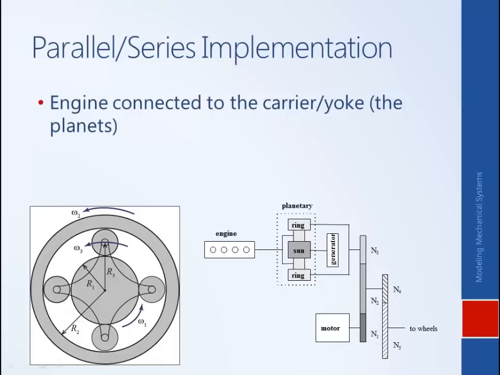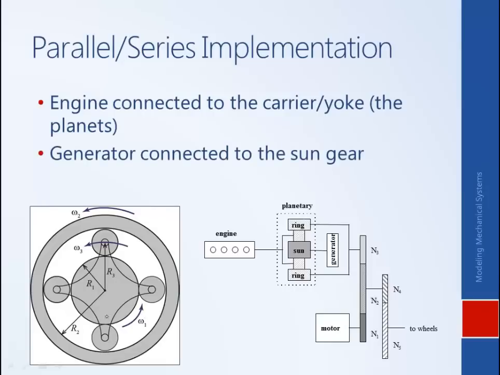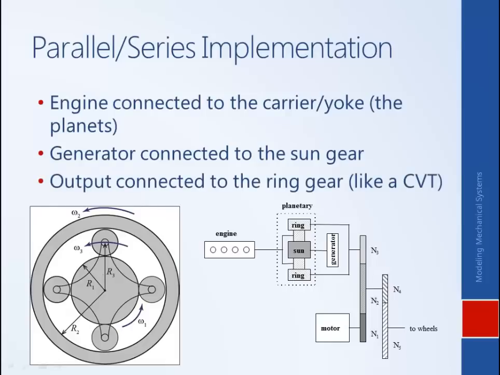So in this specific example, the engine is connected to the carrier, the planet gears, the generator is connected to the sun gear, and the output is connected to the ring gear. By using this architecture, you can set the engine to operate in its sweet spot, which is something that you couldn't do with a straight parallel implementation.